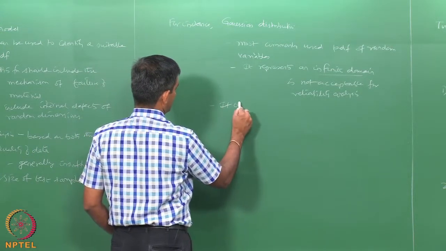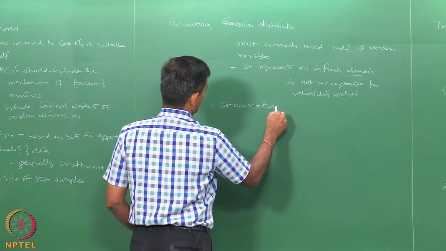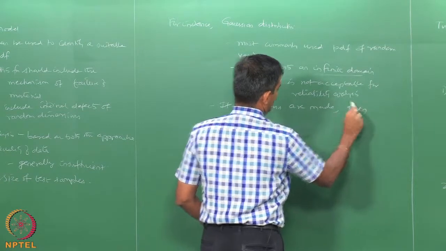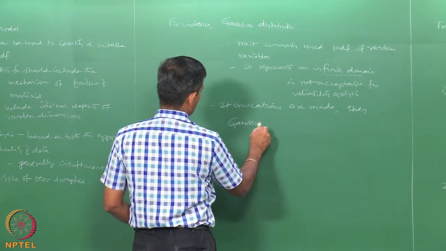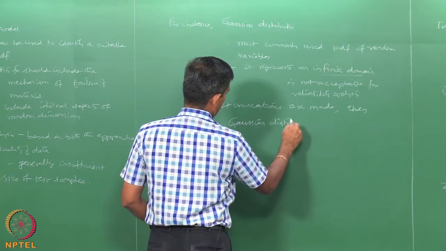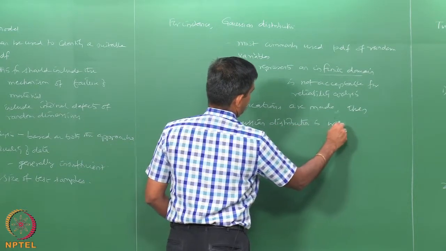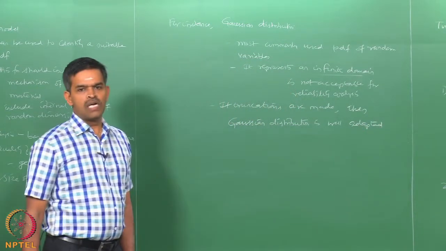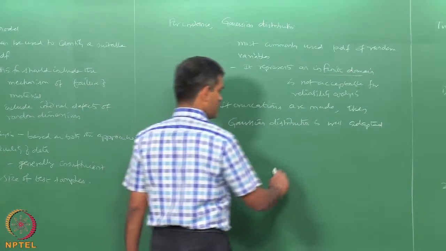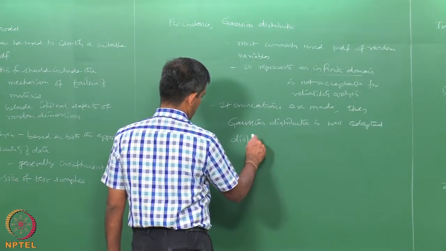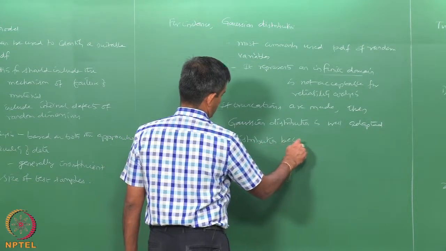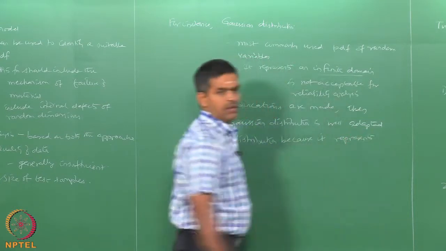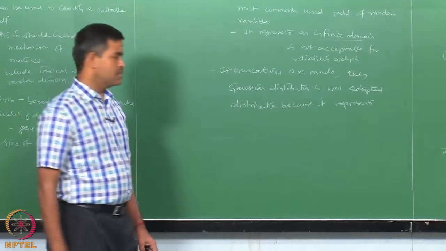So, if truncations are made, then Gaussian distribution is a well adapted distribution, which can give you satisfactory results because it represents central tendency satisfactorily.